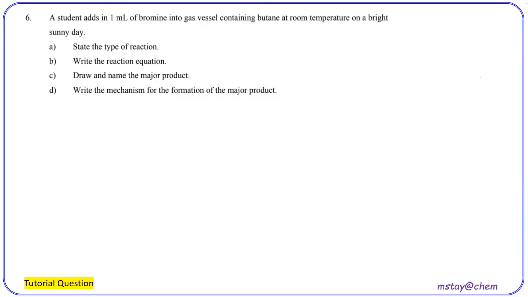Okay, for tutorial question number 6, we have already finished all the questions except question D. Write the mechanism for the formation of the major product. Do keep in mind that if the question asks us to write the mechanism, most of the time they need us to give the mechanism which shows the formation of the major product.